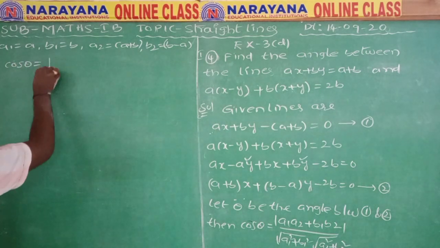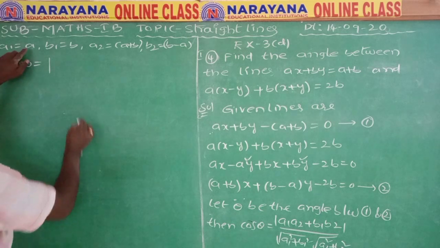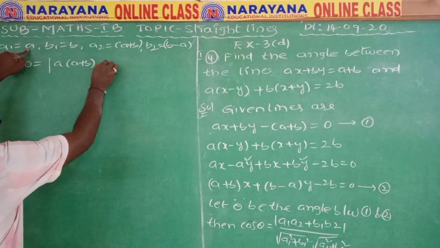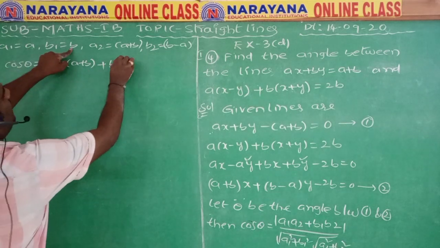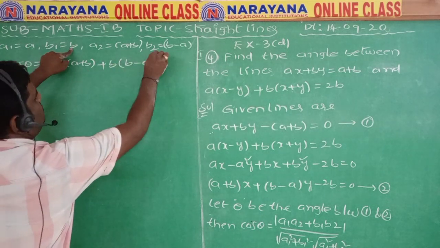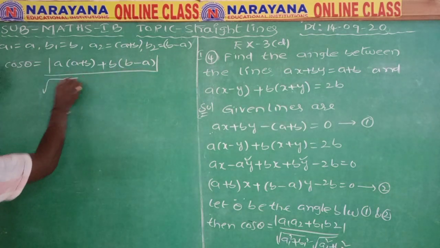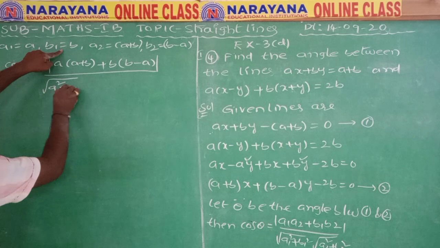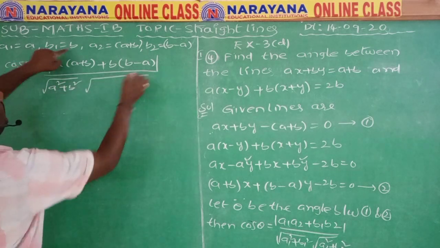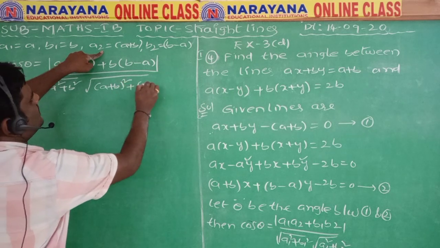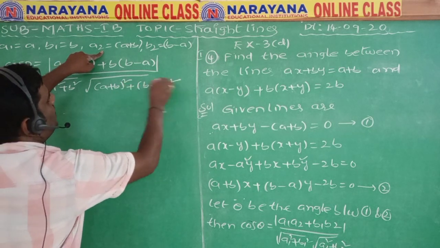Cos theta = (a1 a2 + b1 b2) / (root over a1 square + b1 square and root over a2 square + b2 square).